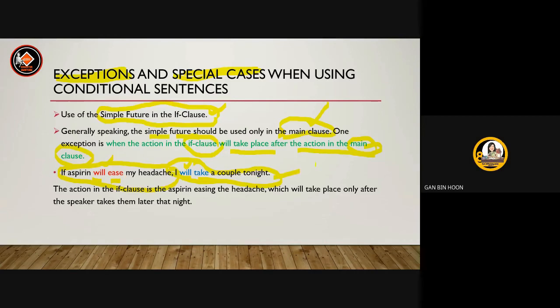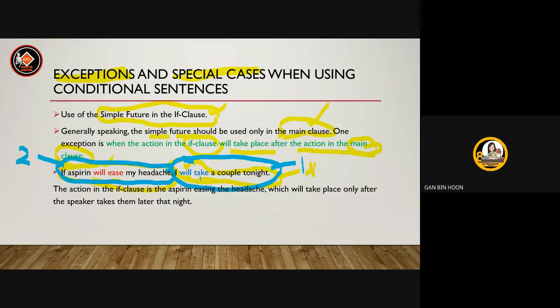Sekiranya ini adalah action pertama. I use blue. Blue easier to see. Okay, so apa maksud dia? Ini bermaksud ini adalah ayat yang berlaku awal, first action. Jika ini berlaku, ayat kedua ini pun betul. So this is the second sentence.